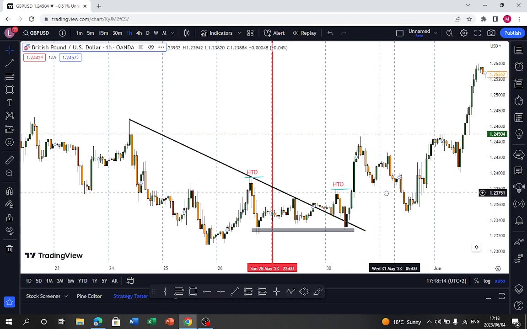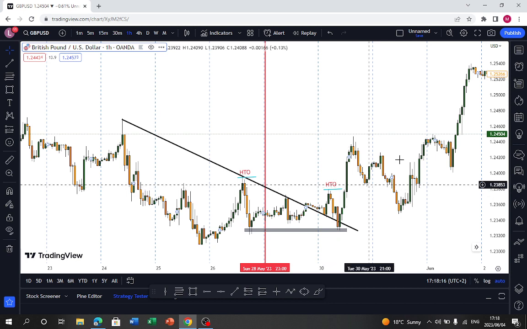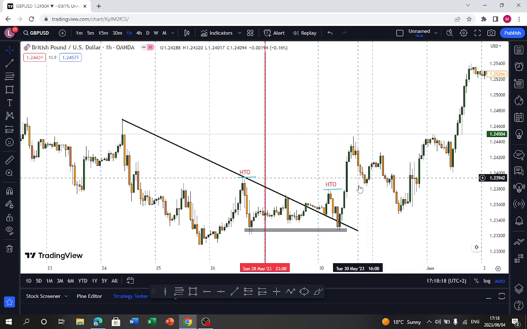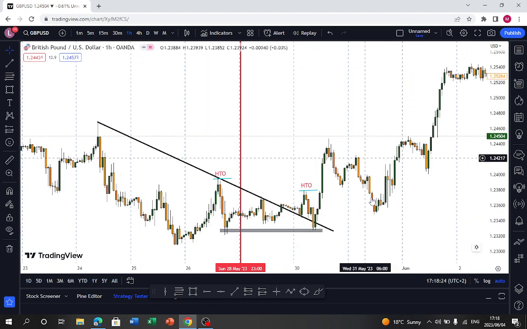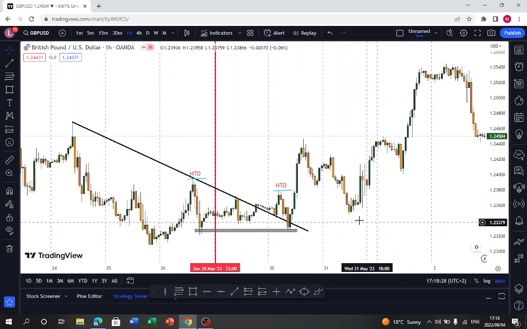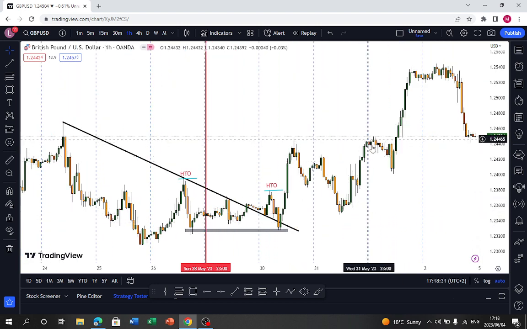On Wednesday when we saw this, there was nothing telling us where we could buy, because this area has been tested. So it's not a good entry for us. We waited. The market went deep down, so we could not take around this area. Then the market went up and closed around this area on Wednesday.